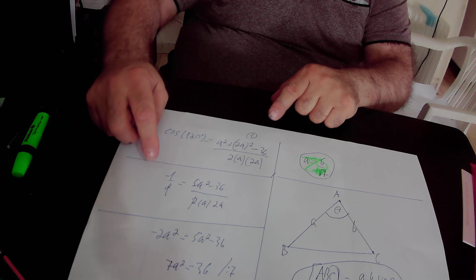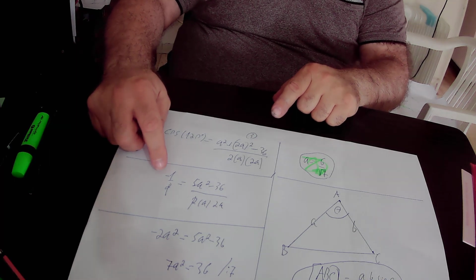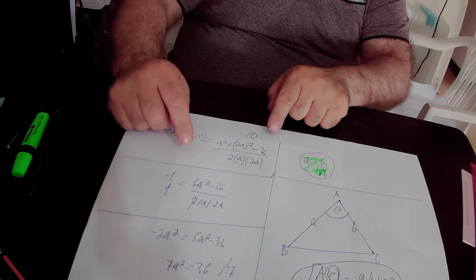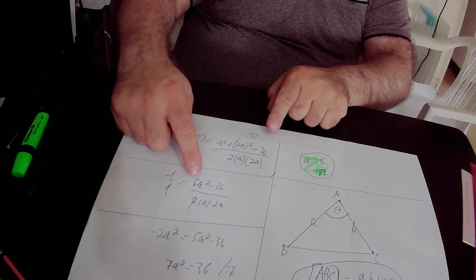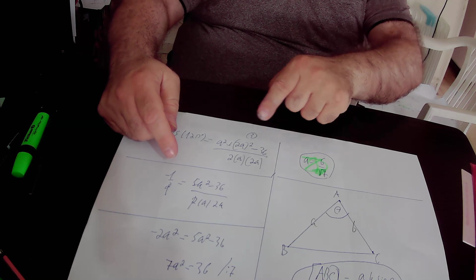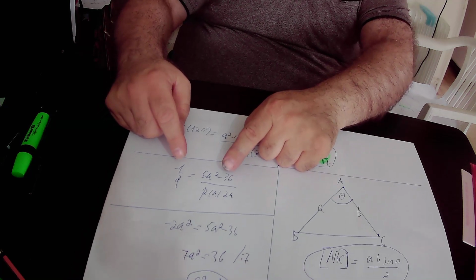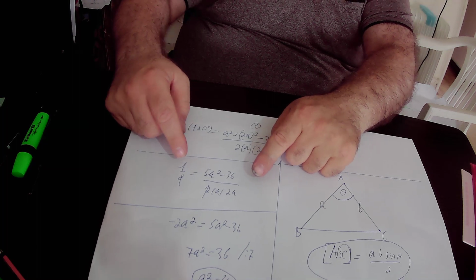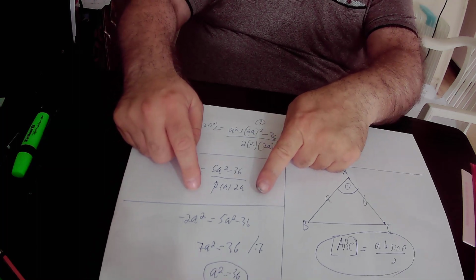Cosine 120 degrees equals minus 1 half. A squared plus 2a squared is 5a squared, minus 36, over 2a times 2a. We have 2 on both sides of the equation, so 2 will get cancelled. And then we cross multiplied this equation and found that minus 2a squared equals 5a squared minus 36.